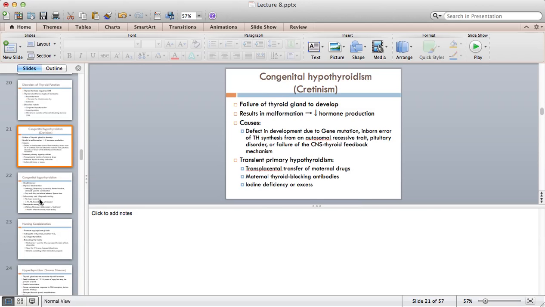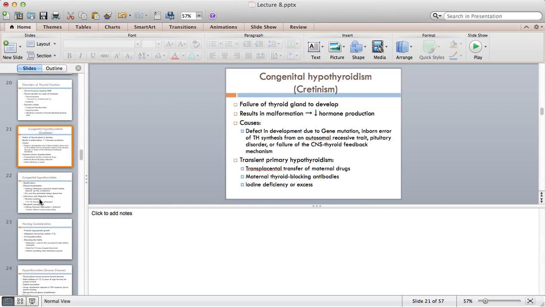And because there is less thyroid hormone, all those activities and functions that are heightened by the effect of the thyroid hormone are lacking, meaning that the child will become lethargic, sleepy, and sluggish.